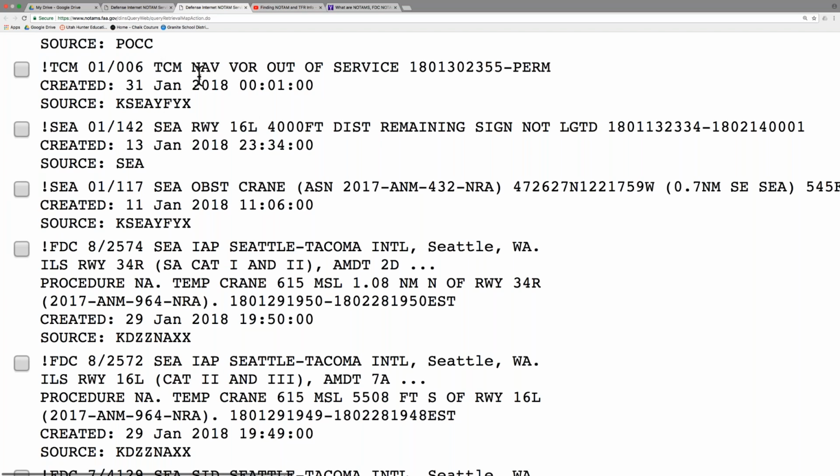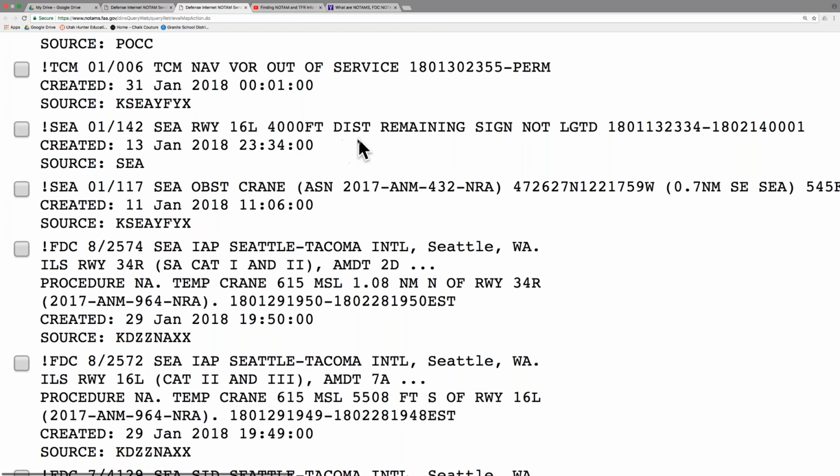So when we look at all of these, we're going to see if it applies to the approach or to the SID or STAR that we're using on our runway, departing or arriving at the airport.